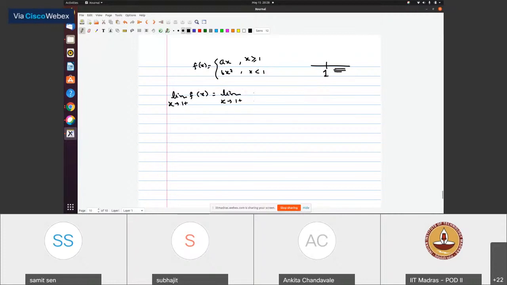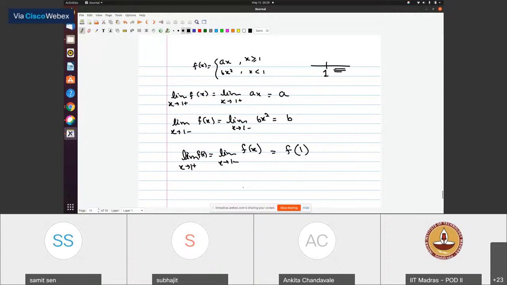For x greater than 1, the function is ax, so the limit as x tends to 1 plus is a. For x less than 1, the function is bx square, so the limit as x tends to 1 minus is b. If the limit has to exist, these two have to be equal, and this has to equal f of 1 for continuity. The first condition is for the limit to exist and this is for continuity.